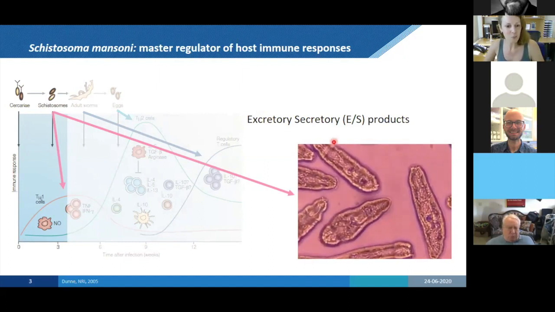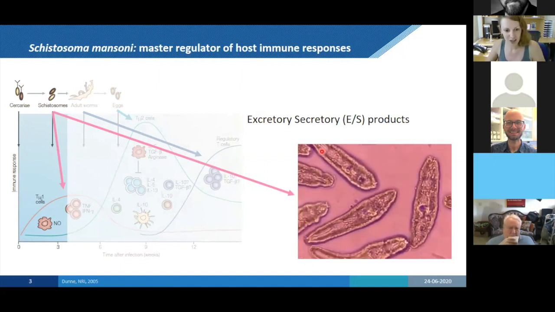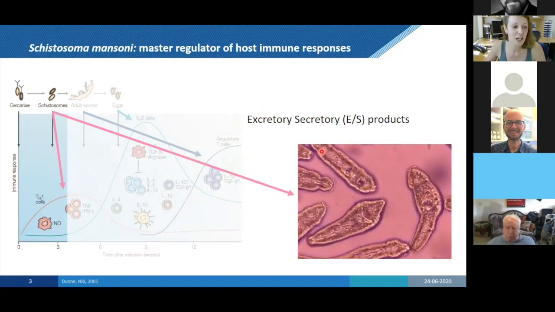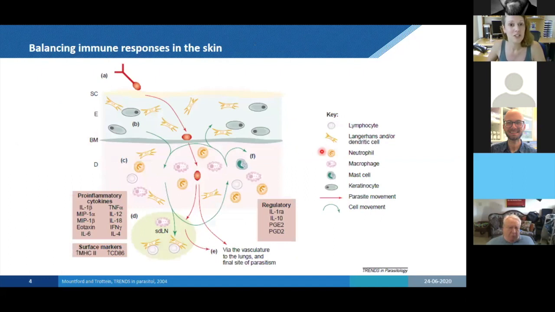So more about the initial phase and the immunology during this infection of this life stage, which happens in the skin. There's actually a delicate balance between the pro-inflammatory responses by the host immune system to the parasite, but also the induction of some regulatory factors by immune cells.